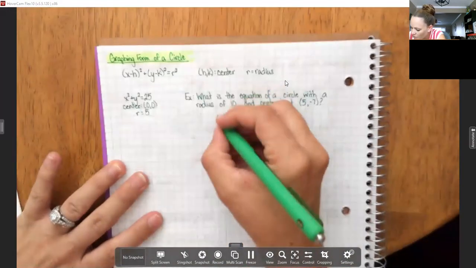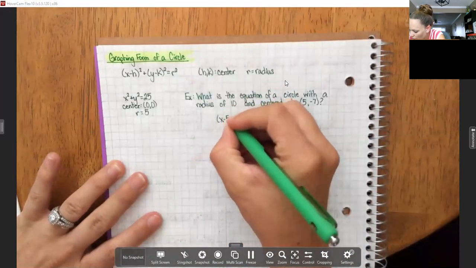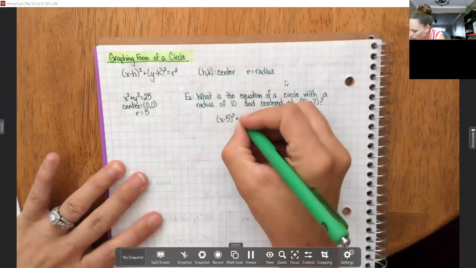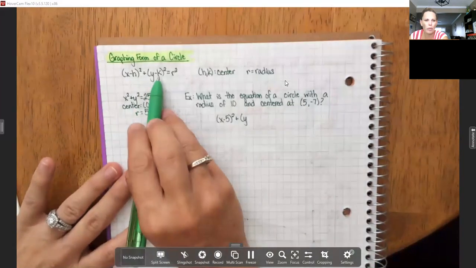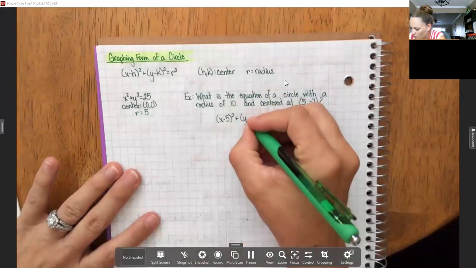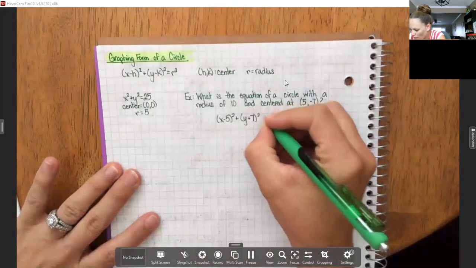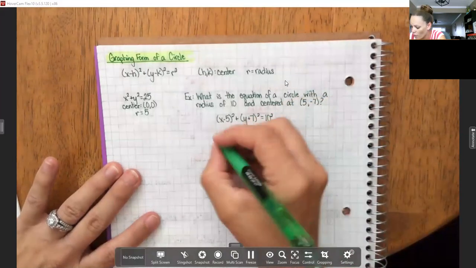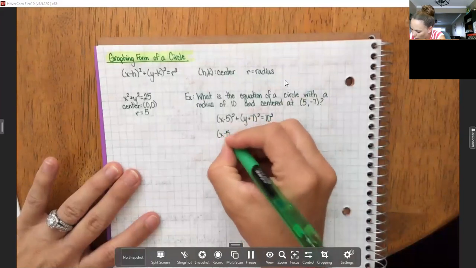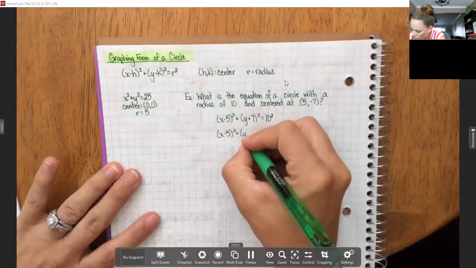So h is 5, so we have (x minus 5) squared plus y, and then because k is -7, remember it's always minus, so this becomes plus 7, squared, equals, you can either write this as 10 squared or it'll often be written as 100.